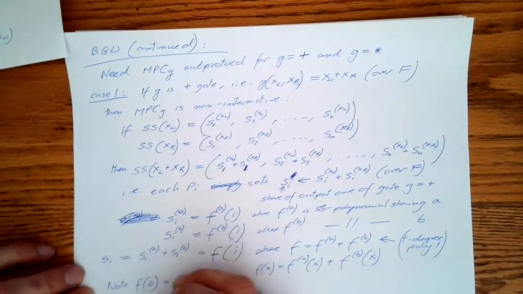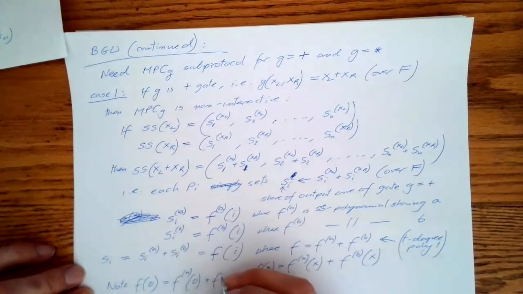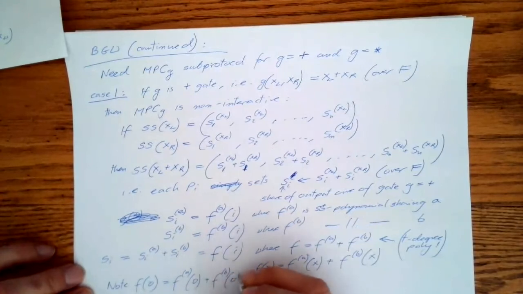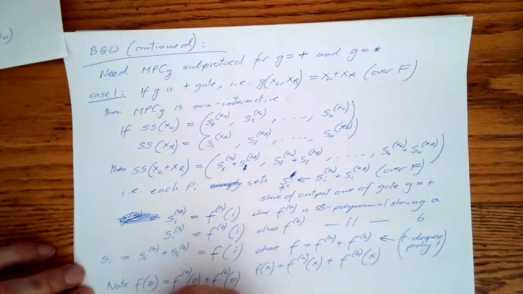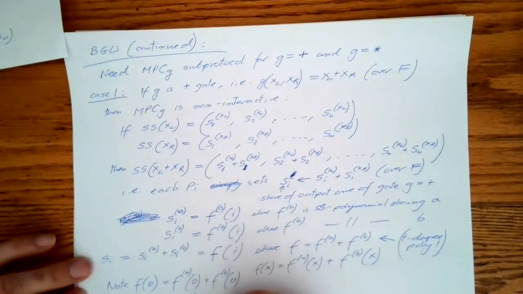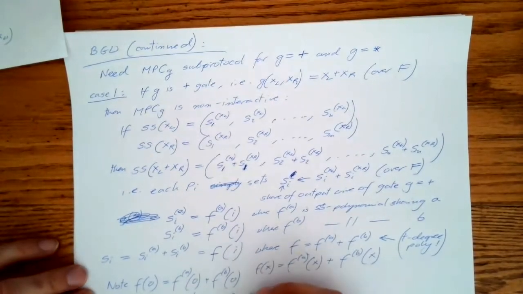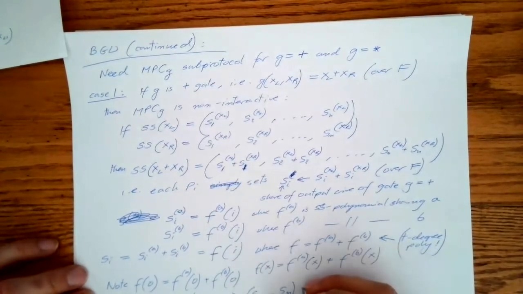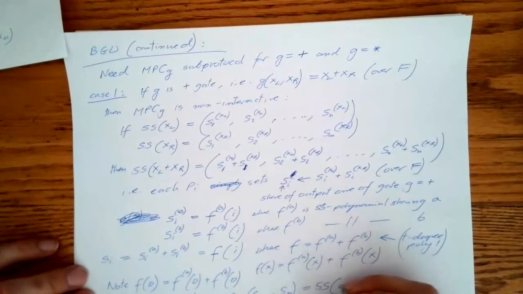Well, that's fa of 0 plus fb of 0, which is a plus b. So in other words, the set of shares created this way is a secret sharing of a plus b.